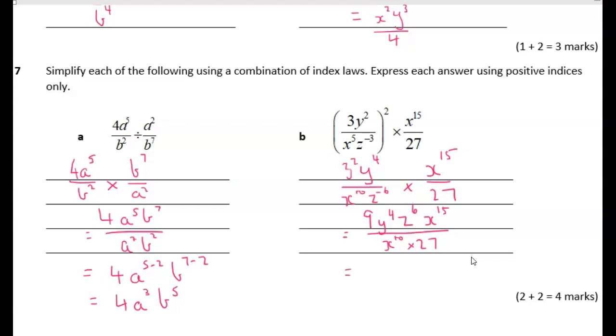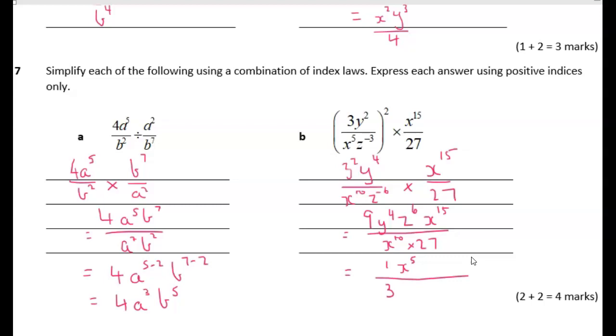All right, so let's have a look at our coefficients first. So 9 over 27 is just 1/3, okay, because 9 is the highest common factor. Let's work alphabetically. So I'm going to do my x first. So on the bottom we have x to the power of 10, on the top x to the power of 15. So remember we subtract our powers, so it's going to be x to the power of 5.